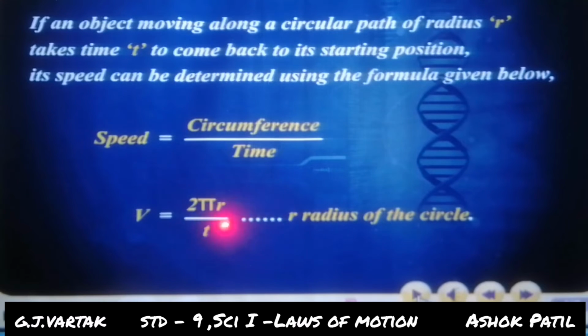R is the radius of the circle, the radius of the wheel of the bicycle. Okay, this is the formula of v. V means speed. Speed is equal to 2 pi r upon t. R is the radius.